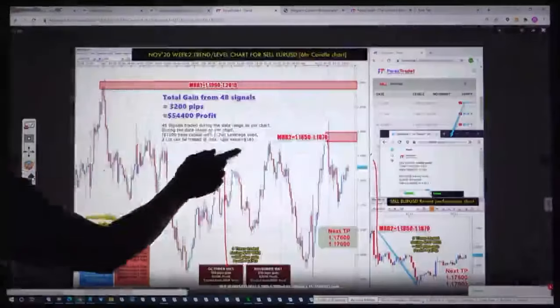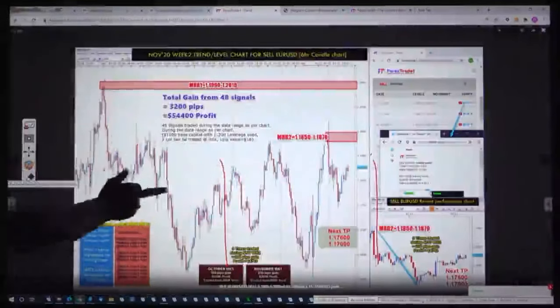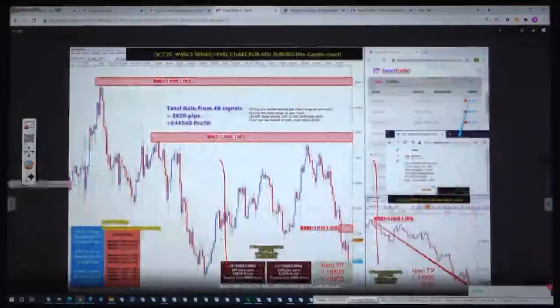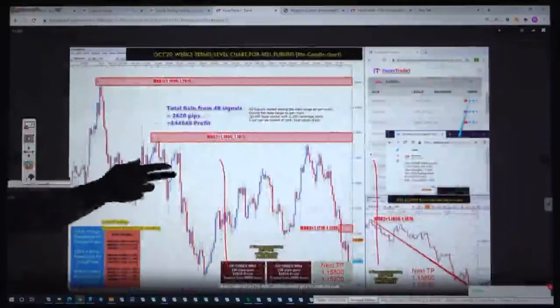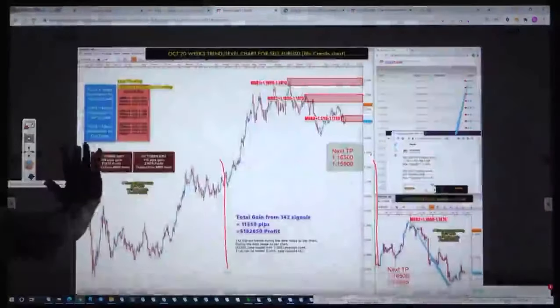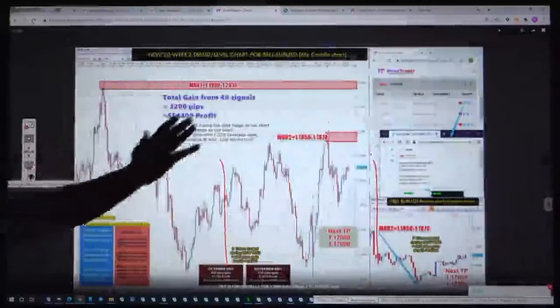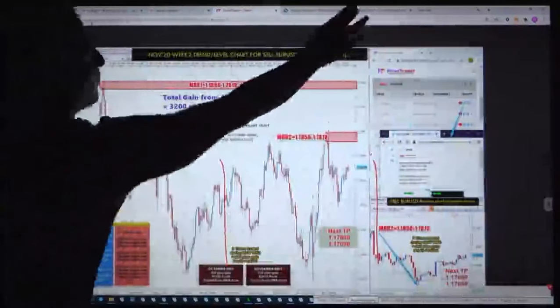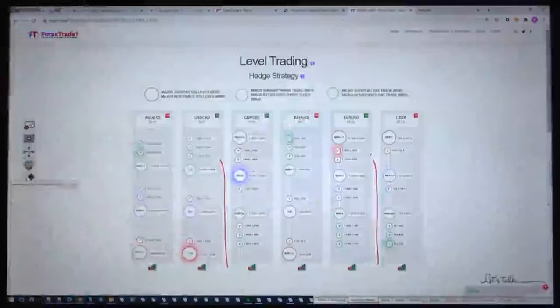If you click here, it will again show you all our weekly charts. Euro USD H6, October week 4, so basically October week 3. This is a complete setup that you will find. And this is our level trading.